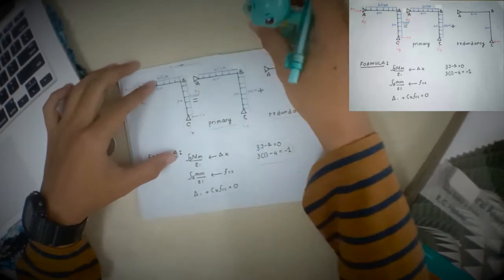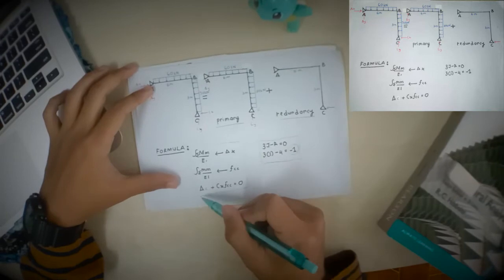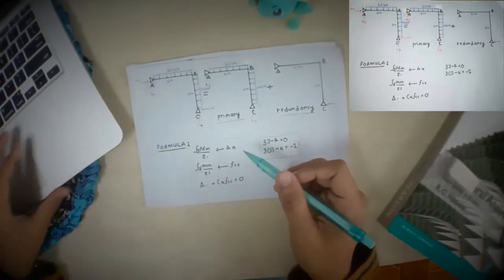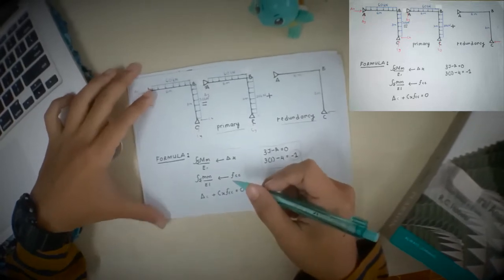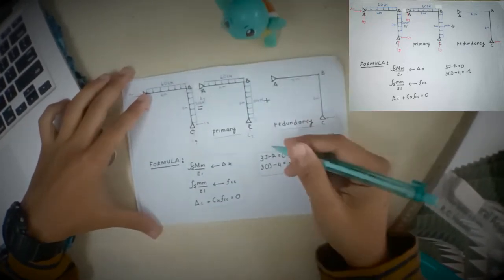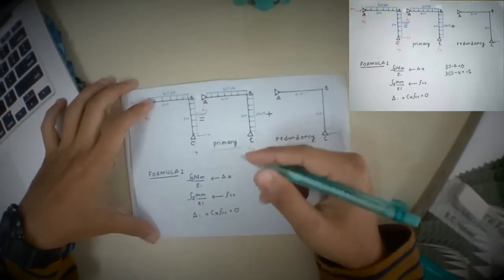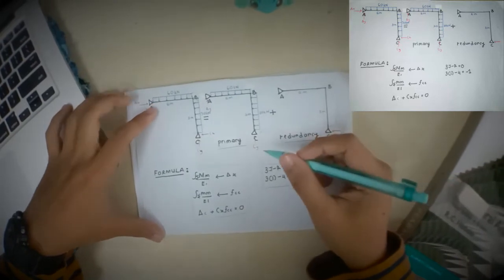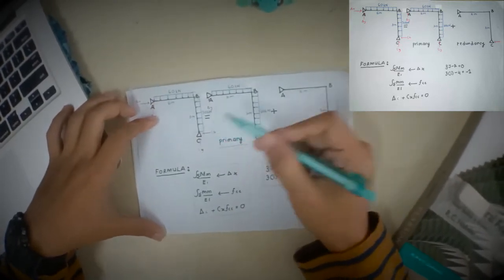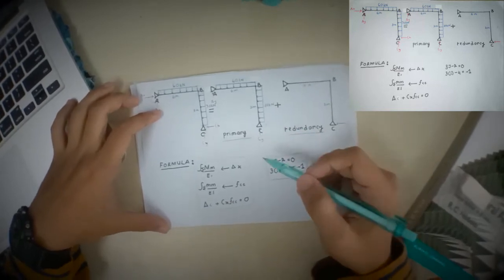Oh, sorry, I forgot to tell that the next step, after we find the primary structure and redundancy structure, is that we need to create a compatibility equation by referencing point C. Why point C? Because that is the point where we get rid of CX. CX is our redundant.